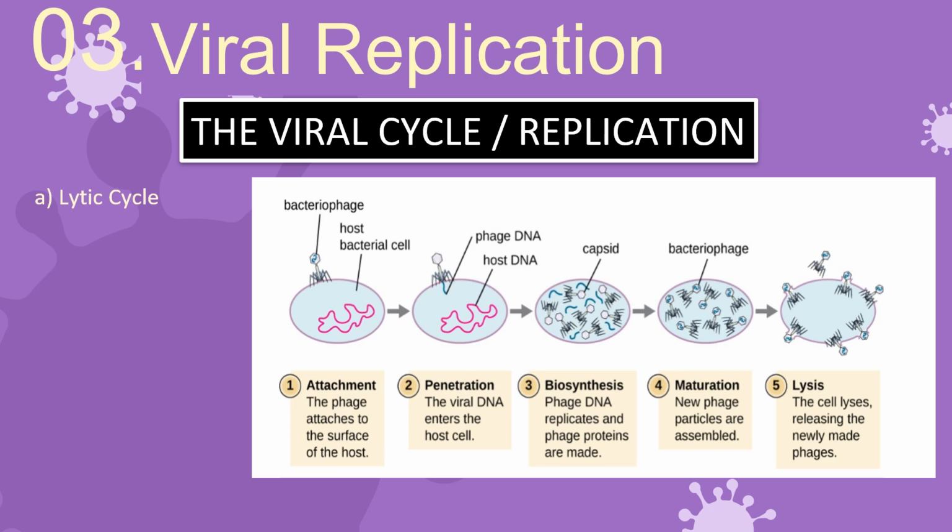So as their number increases, the host cell weakens and eventually step 5 will burst or lyse the cell, resulting in death, releasing the virions produced, ready to infect other cells or hosts.